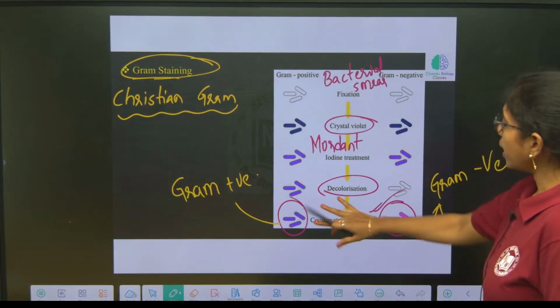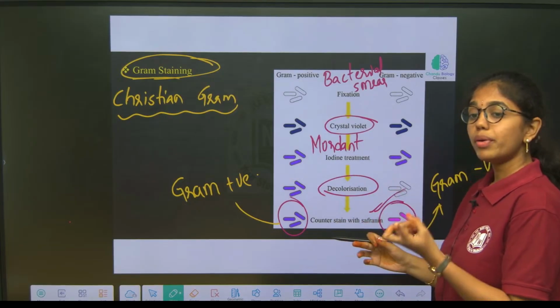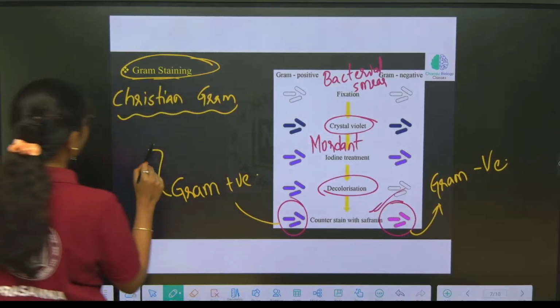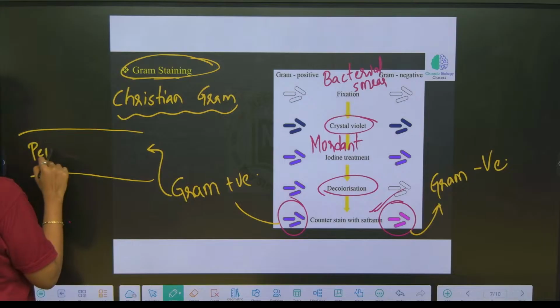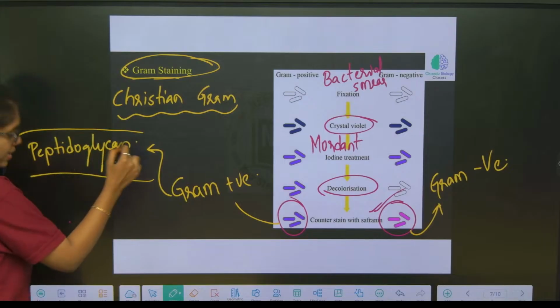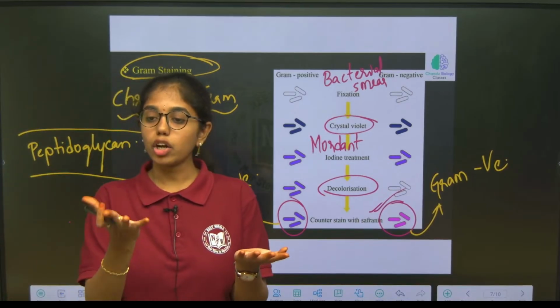Fine. So here, if you see gram positive bacteria, why is it able to retain the stain? It is because gram positive bacteria have a thick cell wall layer which is made up of peptidoglycan. For example, take a soft silk cloth and a thick cotton cloth.